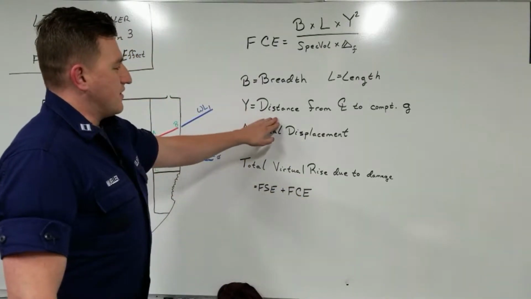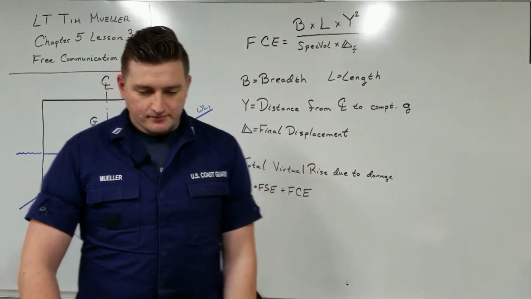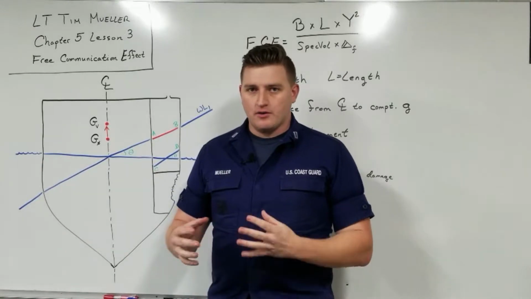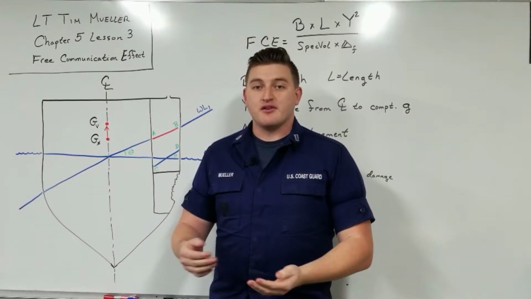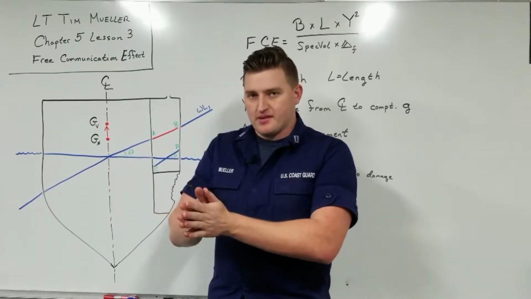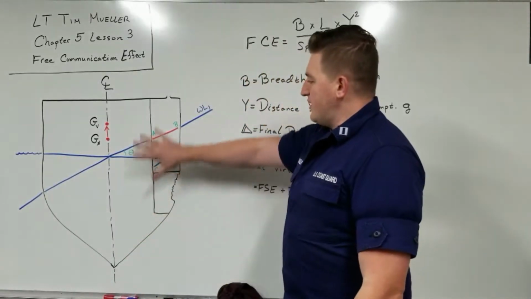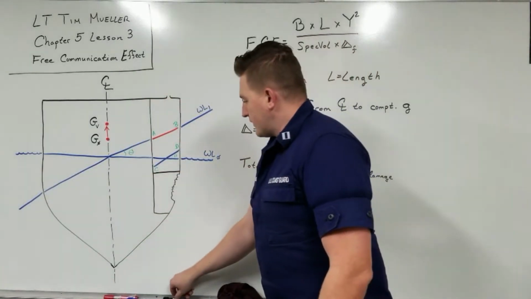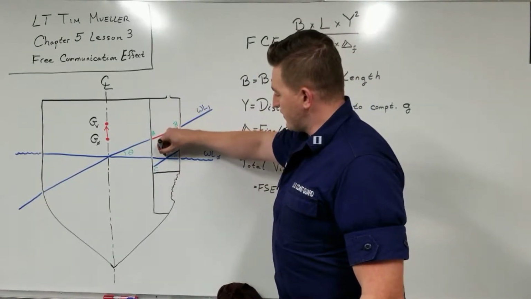Y is the distance from the center line to the compartment's center of gravity. When you come to DK school, you're only going to be dealing with rectangular compartments. So all you have to do is find the center of gravity of that rectangular compartment and then take that distance from the center line. That's going to be your Y. In this diagram, the center of gravity of all this water is always going to fall right along this line.